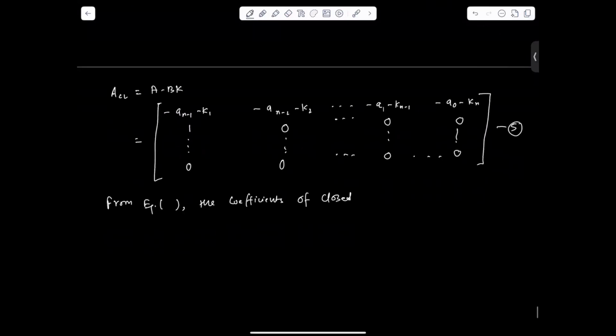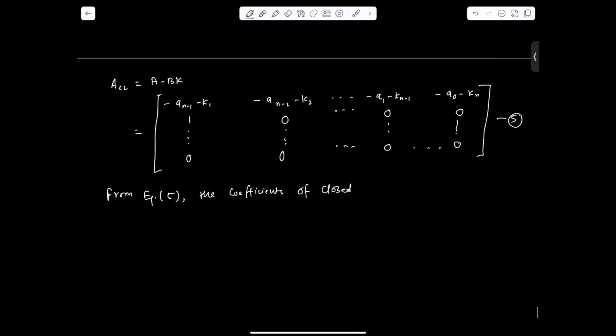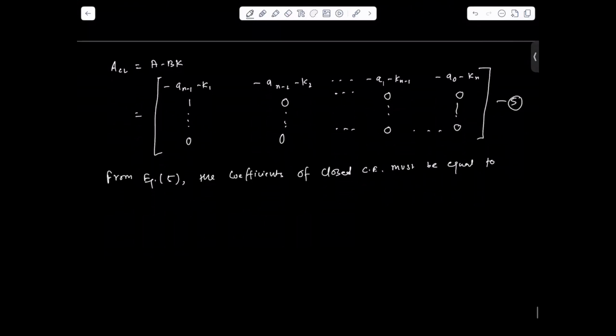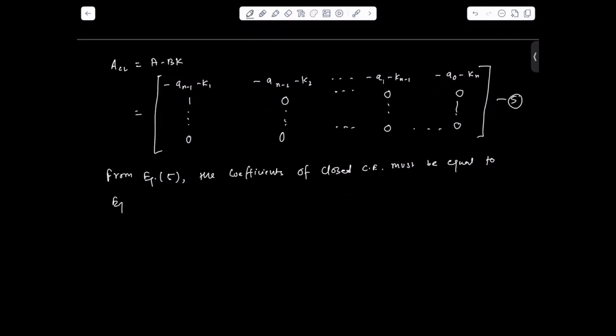Question 5. The coefficient of the closed loop characteristic equation must be equal to equation 4, right?